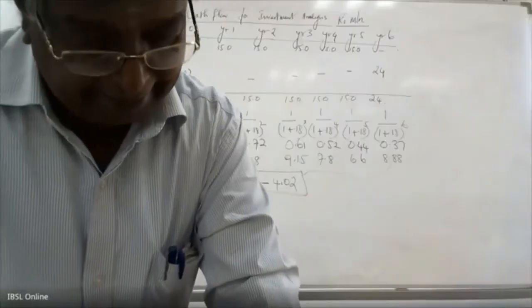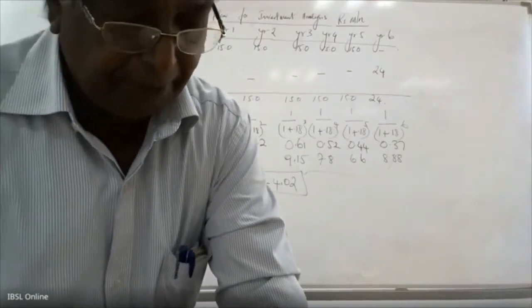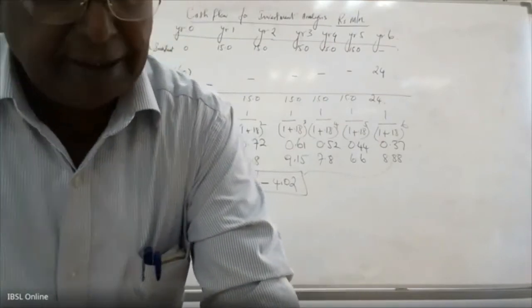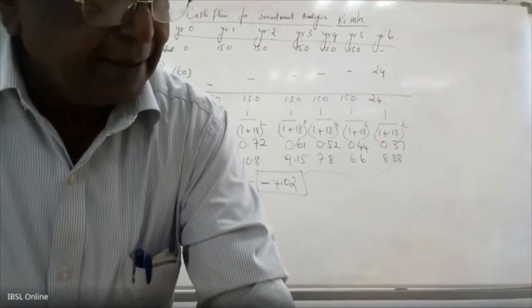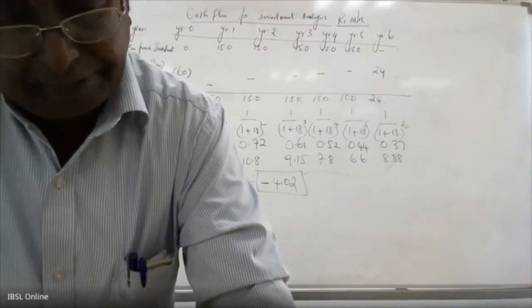Sir, small question. It says the sale of machinery after the 5 years, so we got into the 6th year. Yes, correct. Some people, even at the University of Colombo and chartered accountants, consider the sale value in the 5th year itself.